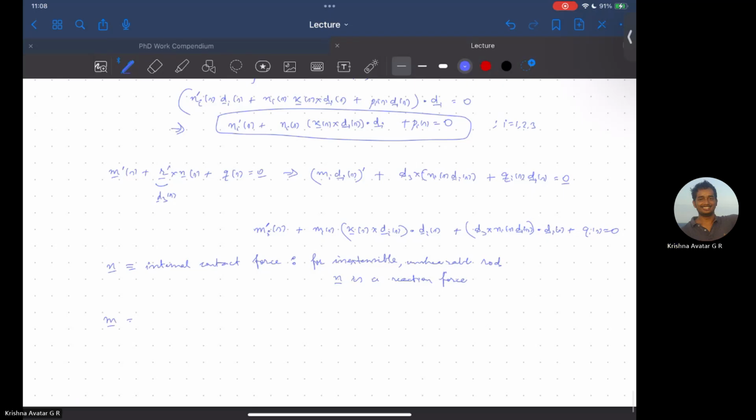Say, for example, the M vector is an internal contact moment.